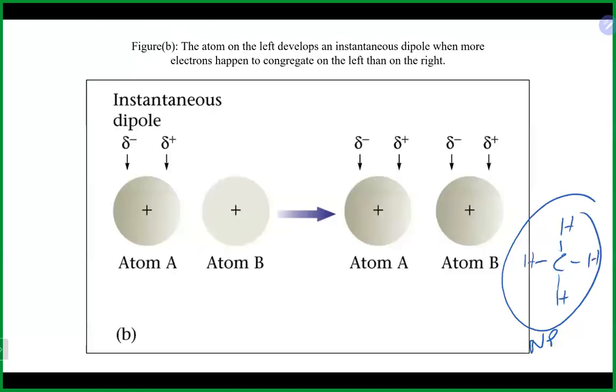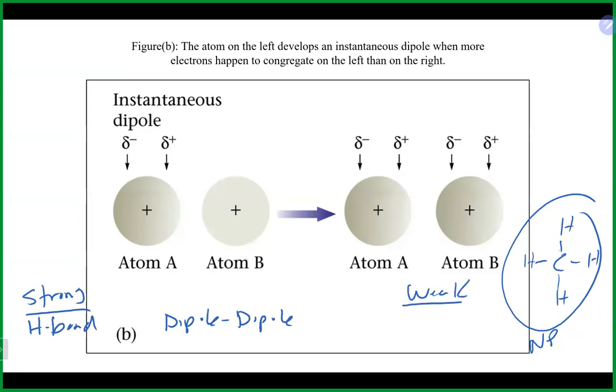So just to summarize one more time, the strongest is hydrogen bonding, followed by dipole-dipole, which is pretty close. And our weakest out of all of them is dispersion forces. Again, this is for nonpolar molecules. This is for polar molecules, no hydrogen bonding.